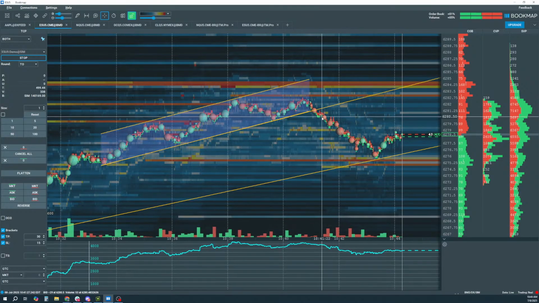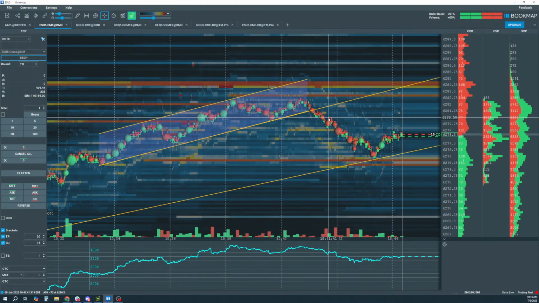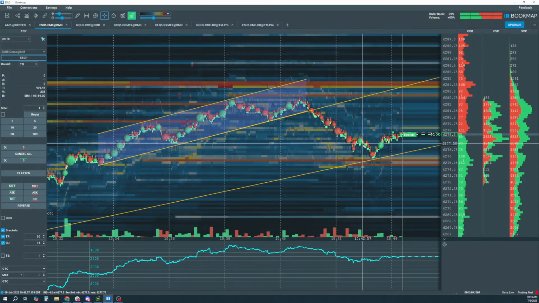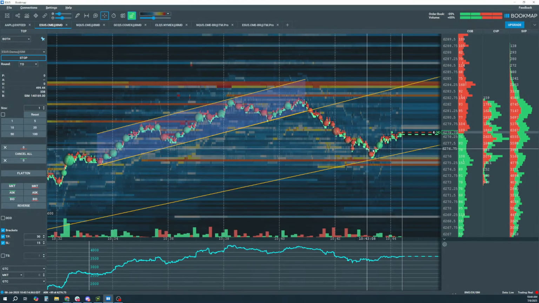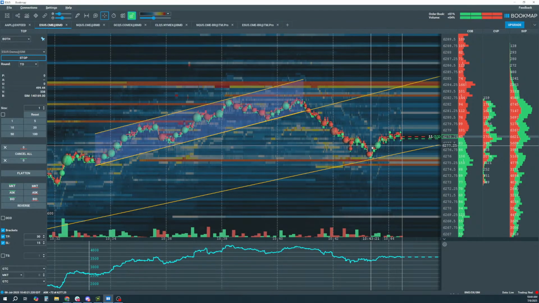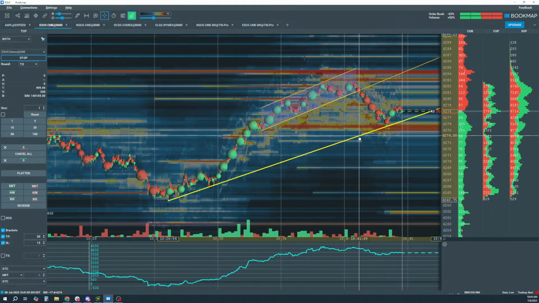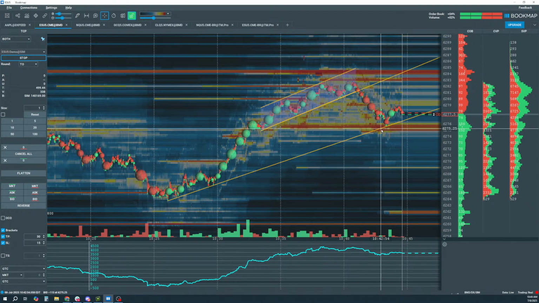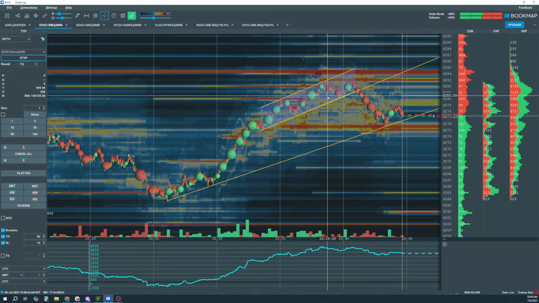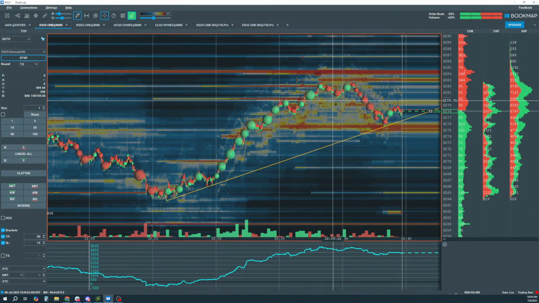Or if we're going to get a reversal up here, or if buyers are in control. So we can get rid of this here and this here.